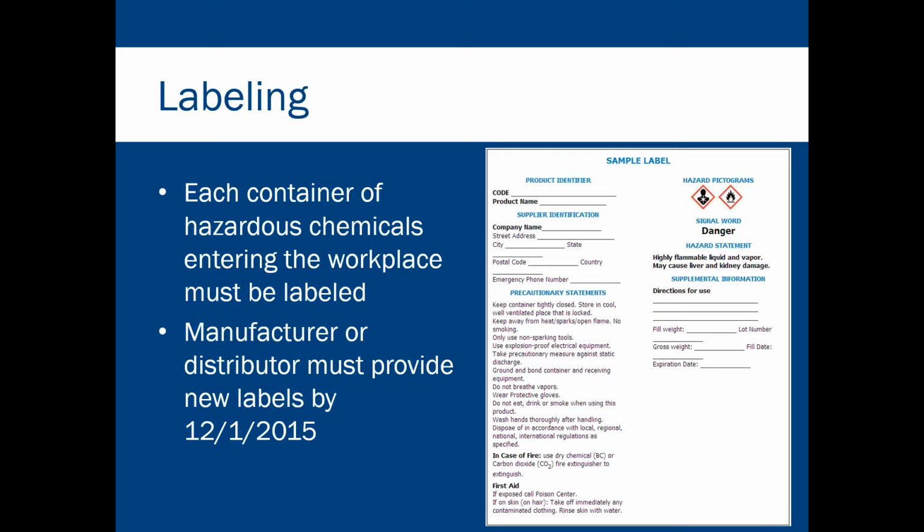The information will be provided by the chemical manufacturer. One thing to understand is while GHS is making manufacturers have these labels, they are not standardizing the format of the labels. So when you receive chemicals with the GHS labels, they may not look exactly like this. They could be in a different format.